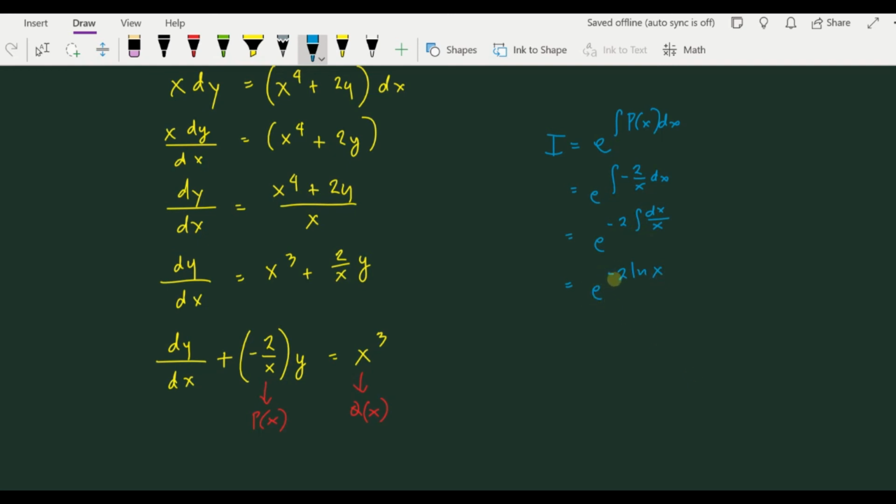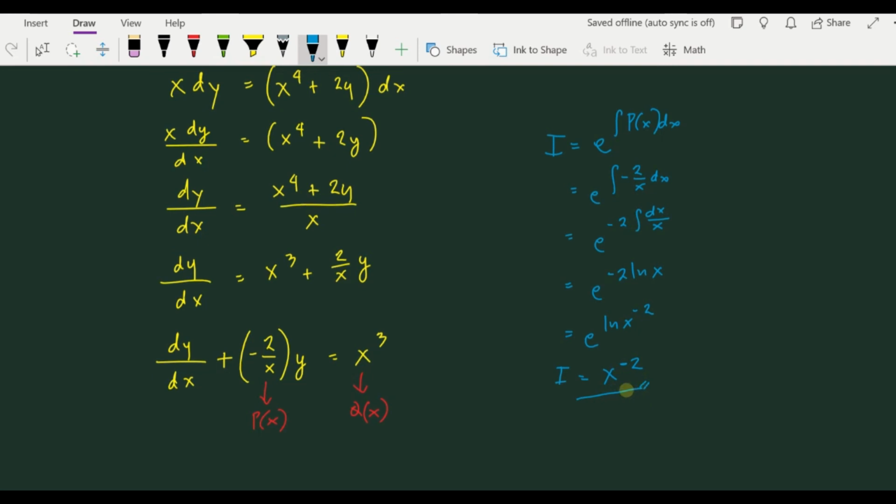Then, gagamitin na naman yung logarithm of power, yung negative 2 magiging exponent na x, kaya magiging e raised to ln of x raised to negative 2. So, makakancel yung ln and e, so ang I natin is equal to x raised to negative 2. So, ito ang integrating factor.